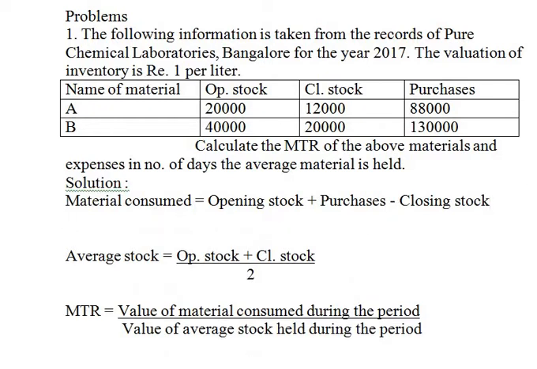First, for material A: opening stock is 20,000, plus purchases 88,000, minus closing stock 12,000. Calculate this. How much will you get?